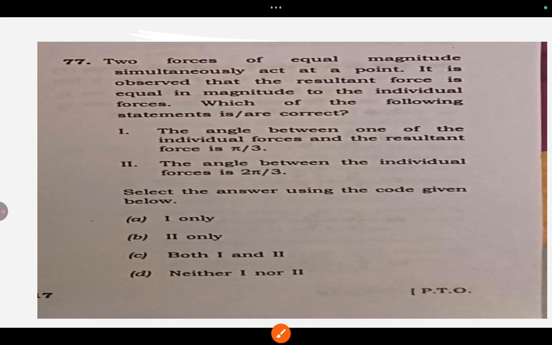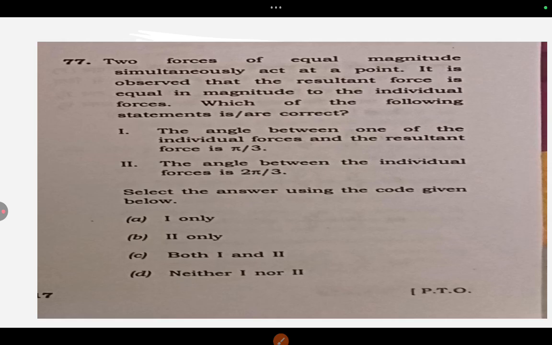Okay, now question number 77. Two forces of equal magnitude simultaneously act at a point. It is observed that the resultant force is equal to the magnitude of the individual forces.